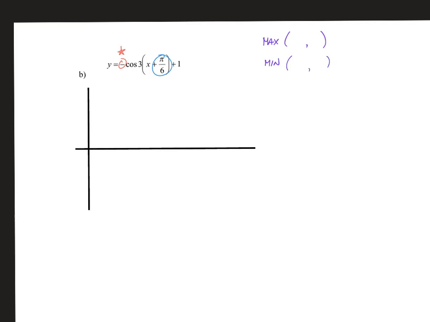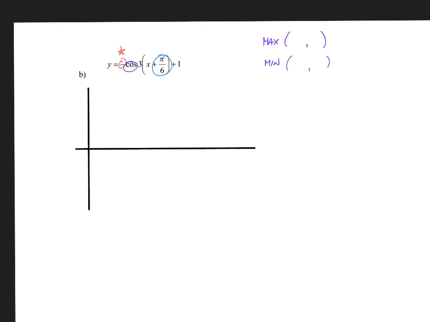So what I could do then is go on the hunt for those max or min values. I go back to my base cosine graph. My max is 1. Reflecting it in the x-axis is not going to affect that. Shifting it horizontally is not going to affect that. Horizontally stretching it is not going to affect that.